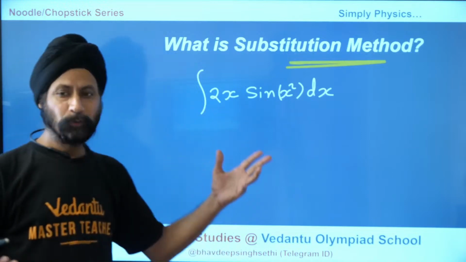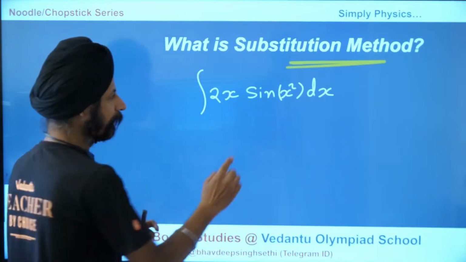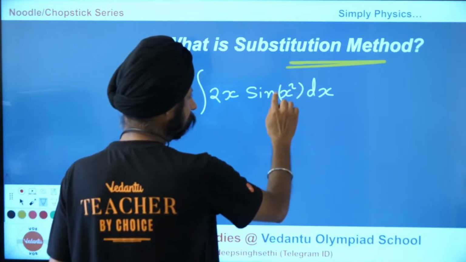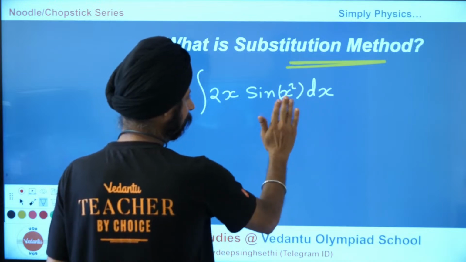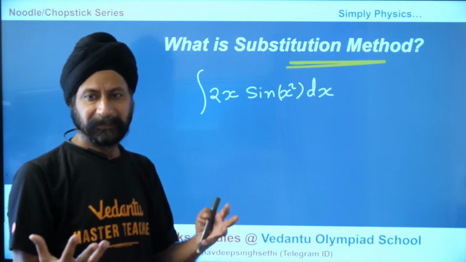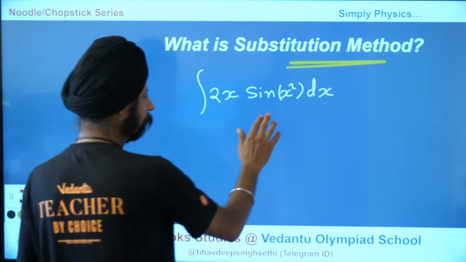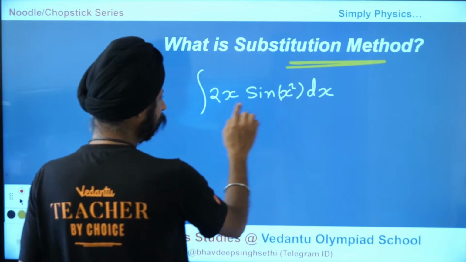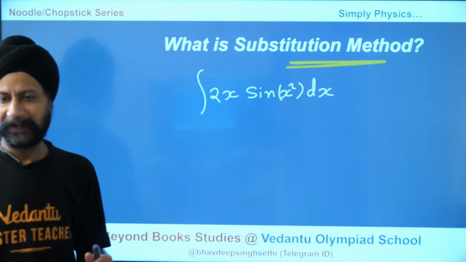But now these are two functions. But then I realize, okay, sine is not a function of x, sine is a function of x squared. But if I find the derivative of this function x squared, you have the derivative right here. Only if you realize this can you use the substitution method. So d by dx of x squared is 2x, and that is available here.